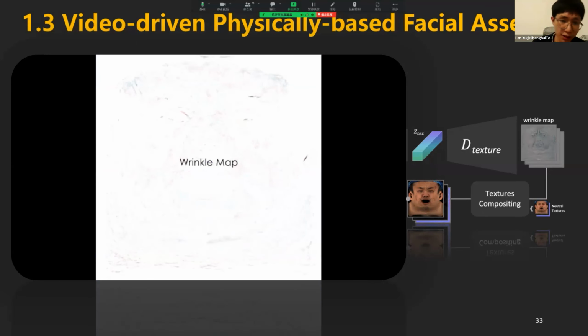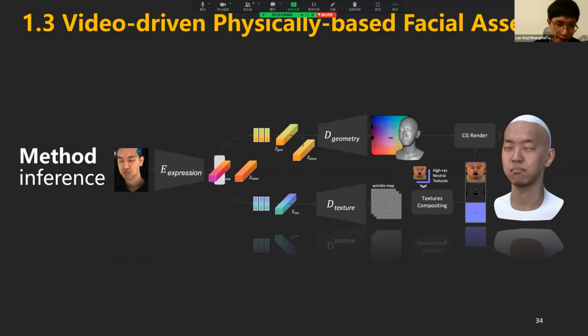Once we train our multi-VAE, we already have a uniform representation of the expressions. So we could naturally infer the geometries and dynamic physically based textures all at once from RGB inputs, because we could use the expression latent to disentangle the geometries, textures, and the expressions.